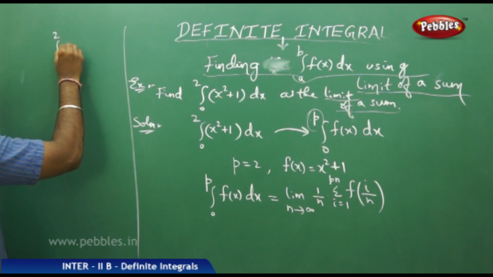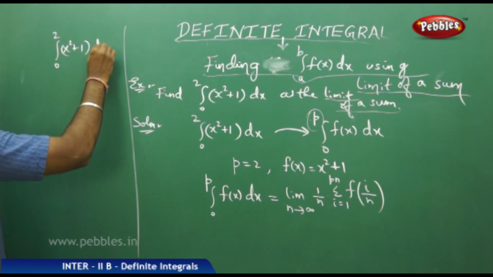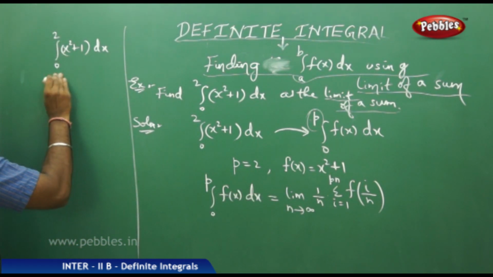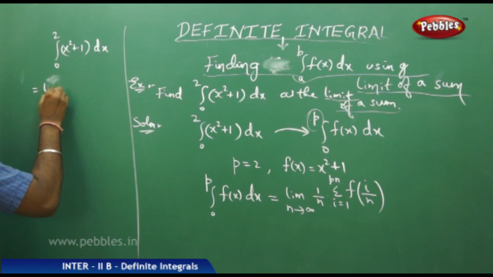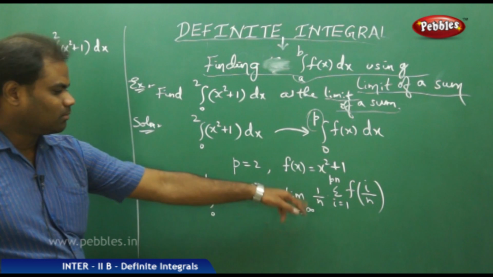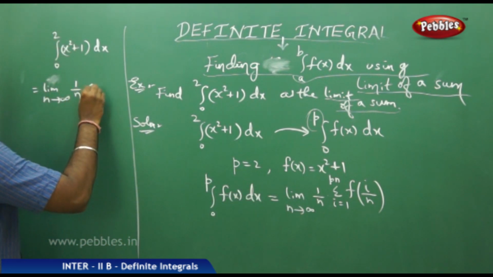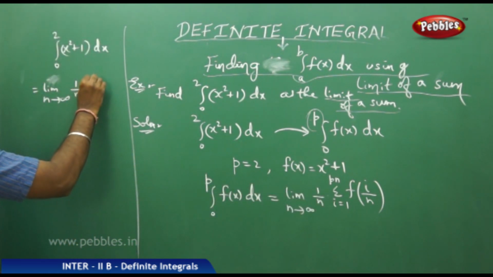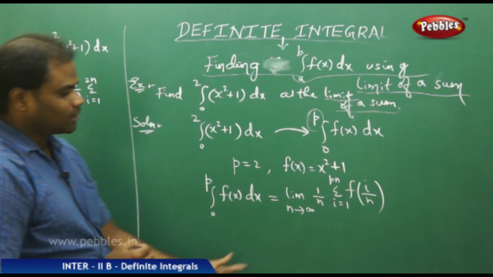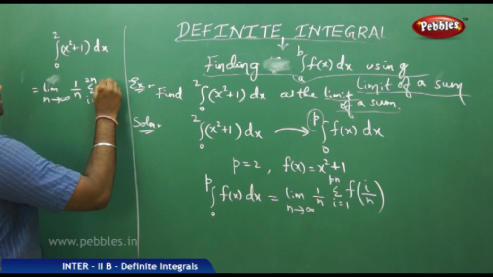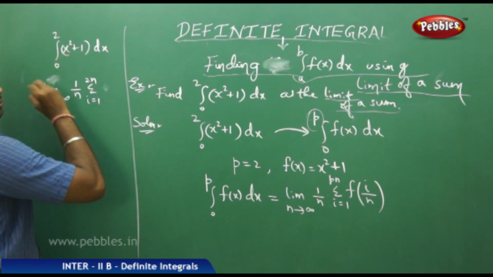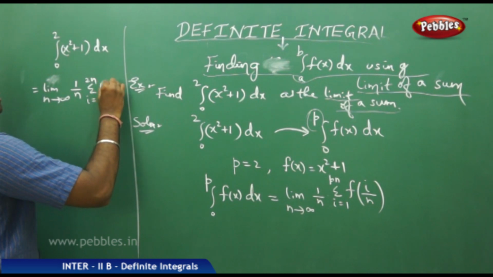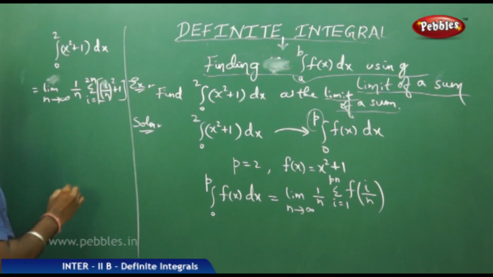Therefore, integral 0 to 2 of x squared plus 1 dx would be expanded as limit n tending to infinity of 1 by n summation i running from 1 to pn, p being 2, so this extends from 1 to 2n, of f of i by n, which is x squared plus 1, which reduces to (i by n) whole squared plus 1.